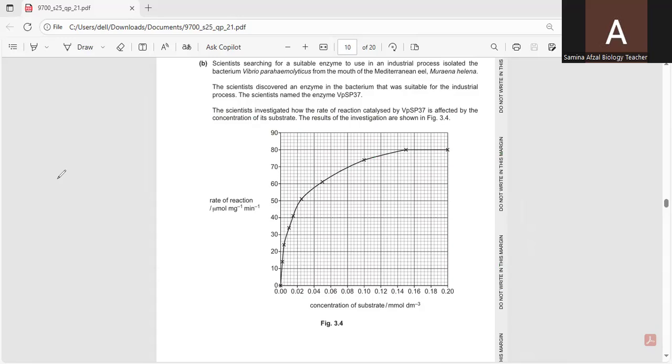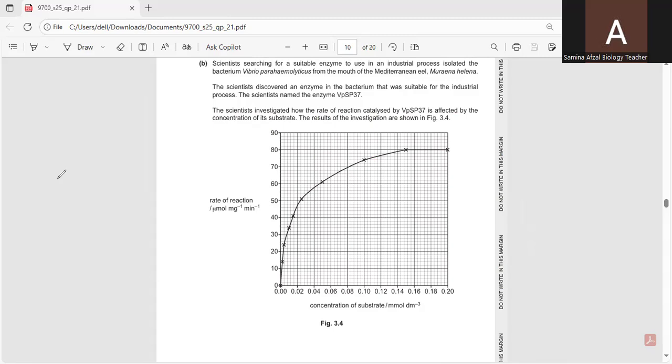Now moving towards the next question. Scientists searching for a suitable enzyme to use in an industrial process isolated the bacterium Vibrio Farmia mollificus from the mouth of the Mediterranean eel Morina helena. The scientists discovered an enzyme in the bacterium that was suitable for the industrial process.